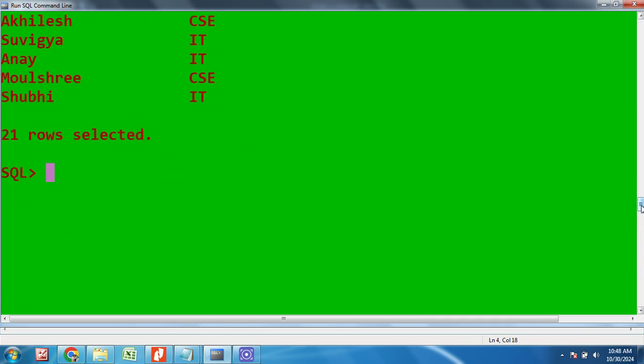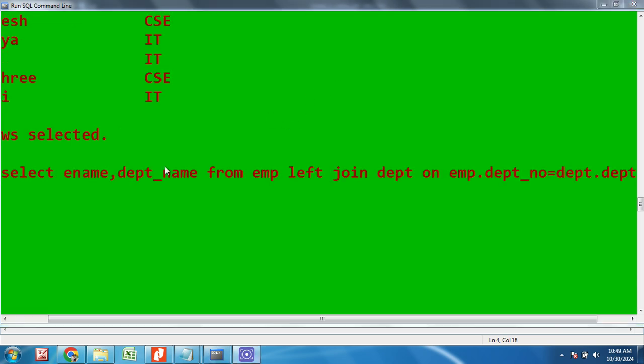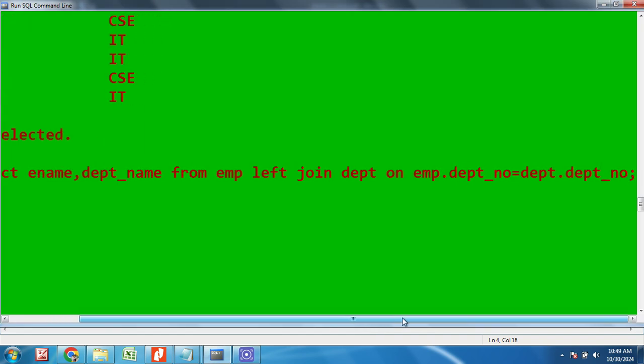Another way for writing left outer join is, in this way also I can write left outer join. Select ename, DEPT name from EMP left join DEPT on EMP dot department number equals to DEPT dot department number.